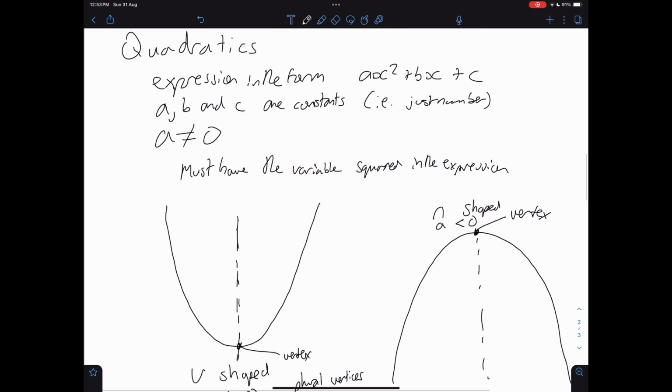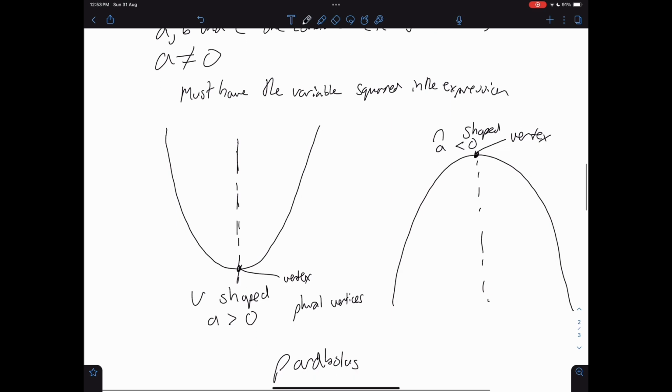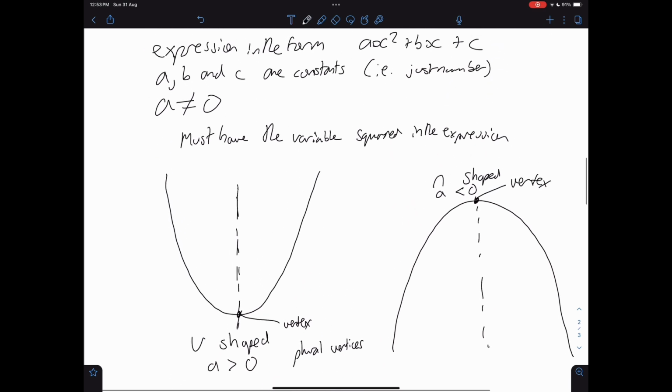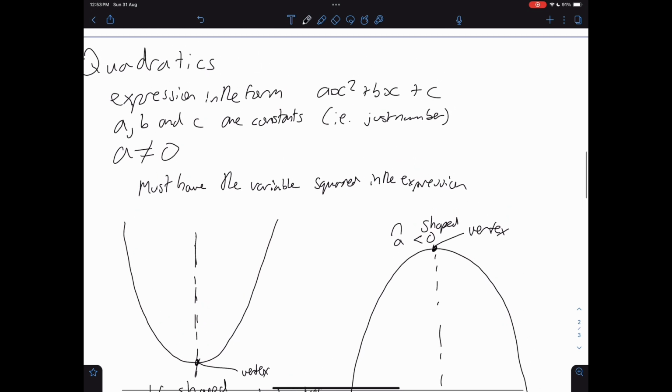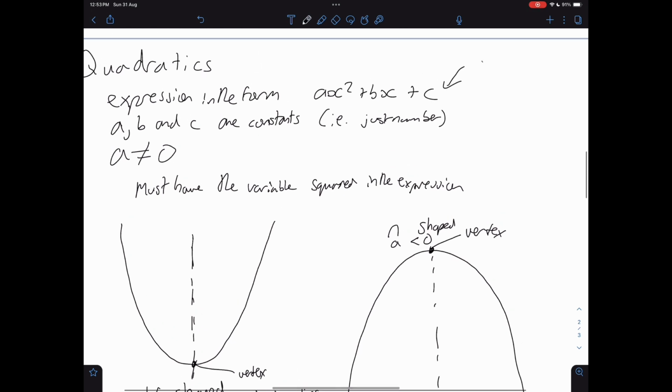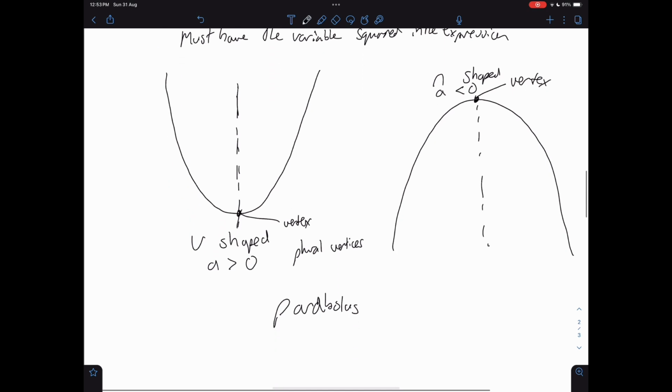But going back to this ax squared plus bx plus c, what actually do these things do? The c is the easiest one. This is the y-intercept, and what it does, that would imply it literally just shifts the graph up or down.